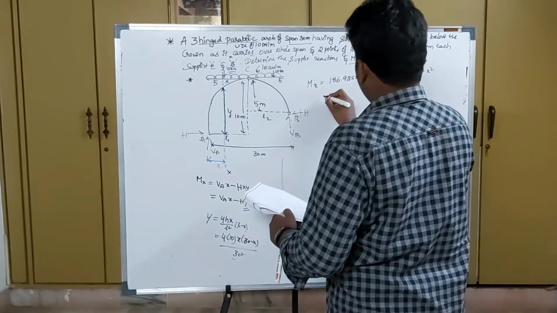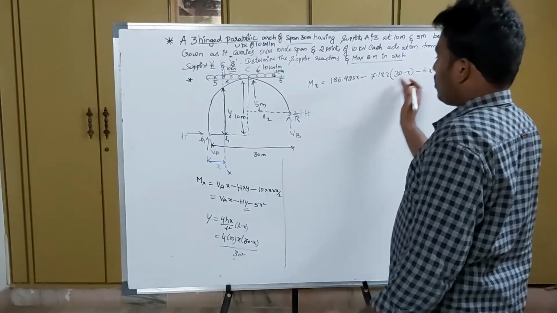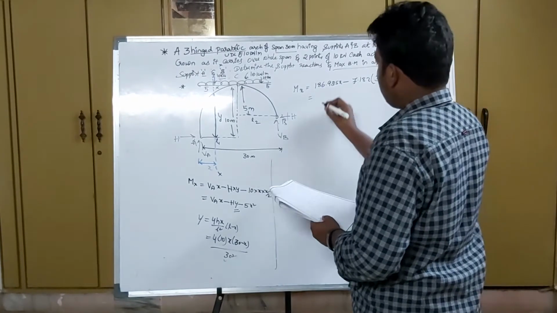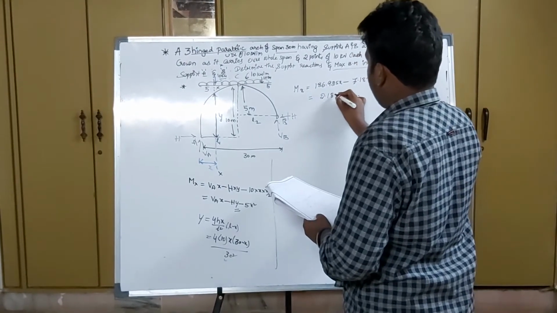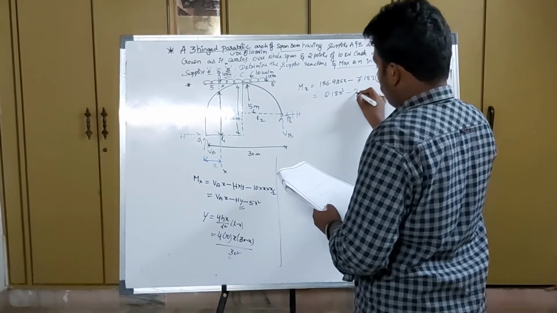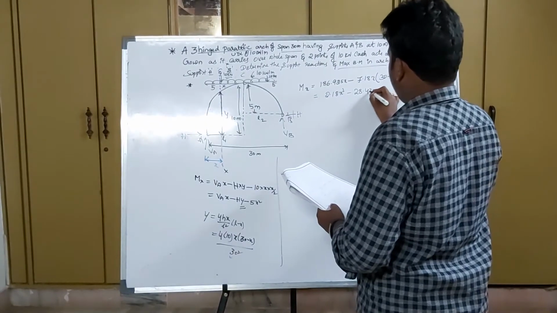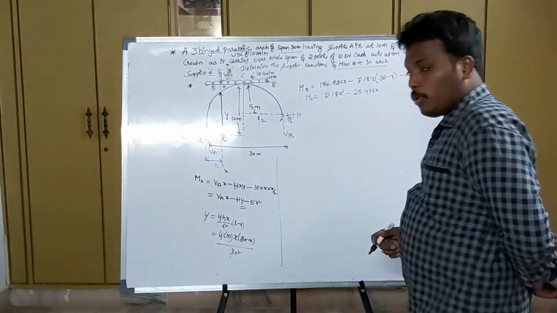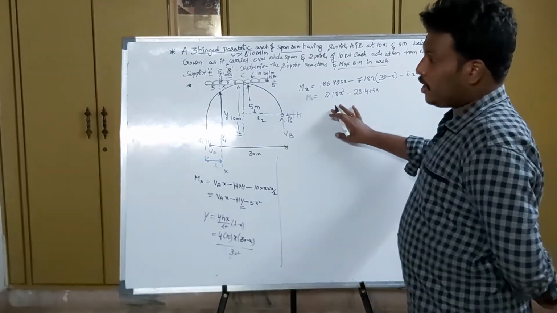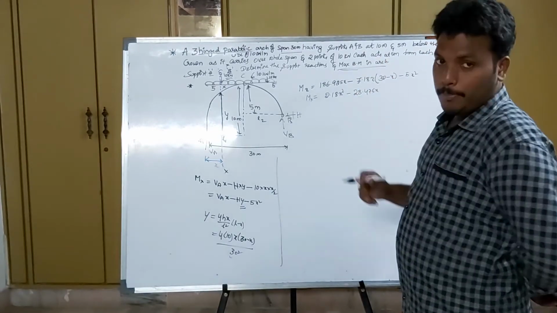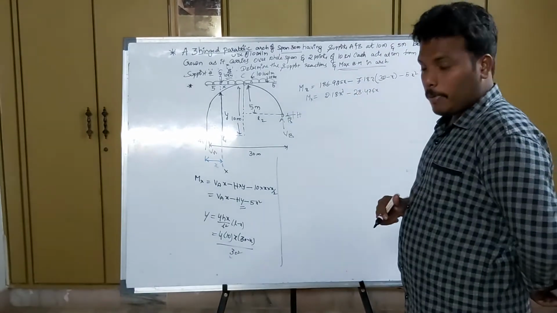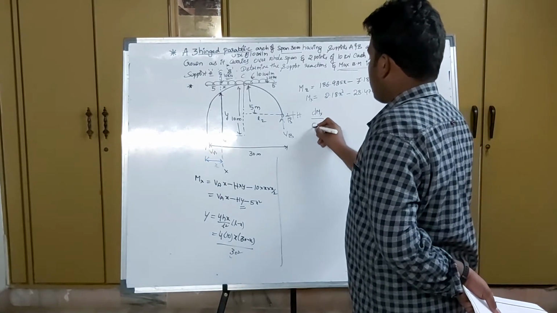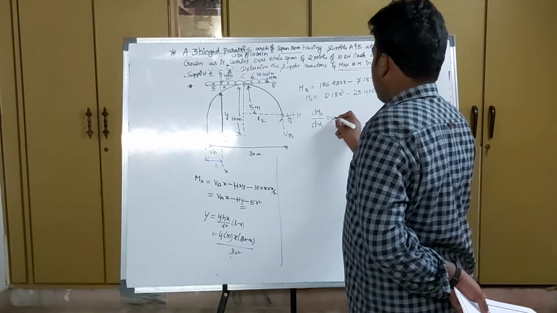After further simplification of this equation, this will be 2.18x square minus 28.475x. This will be the equation of Mx. I already told you Mx has this equation, but we need to calculate the maximum bending moment. So to find the maximum bending moment, we need to differentiate the bending moment equation with respect to x, and it should be equal to 0.